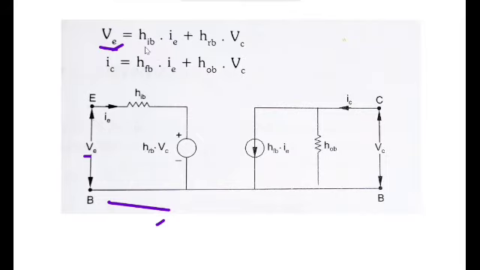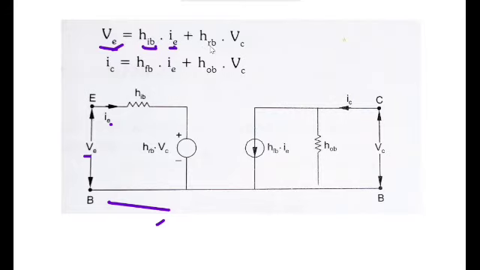The first term on the RHS is h11, here h11 is hib, where i is input impedance and b identifies the base configuration, and I1 is the input current. The input terminal current for base configuration is IE, that is the emitter current, and this satisfies this branch.